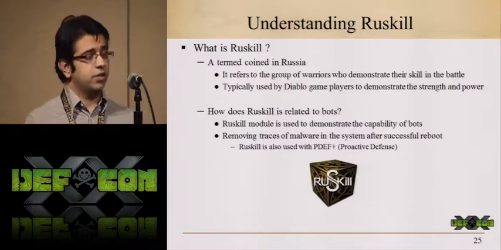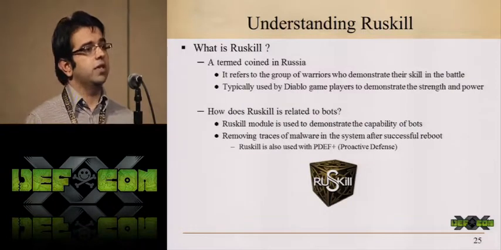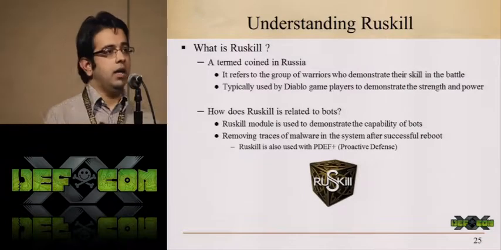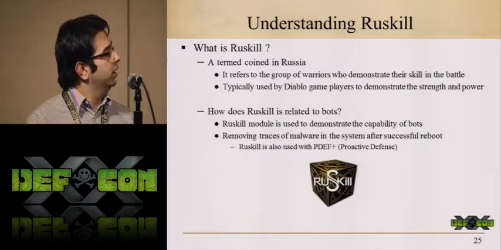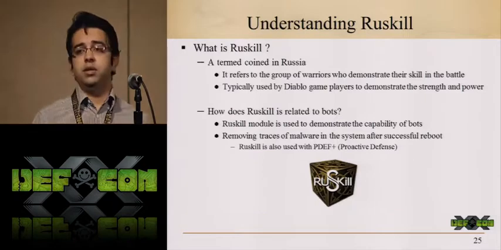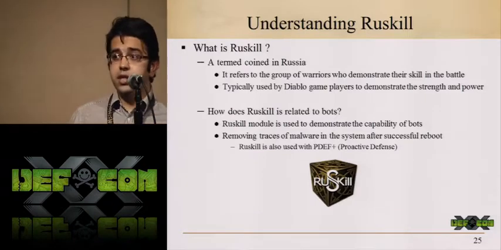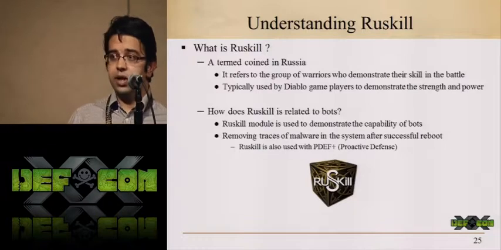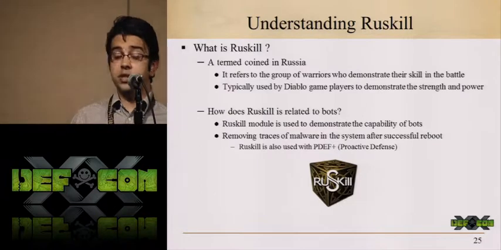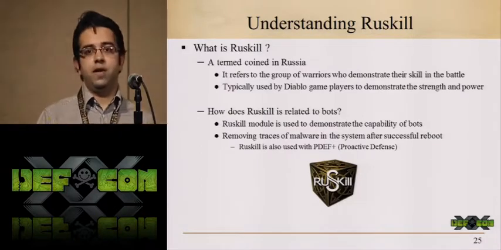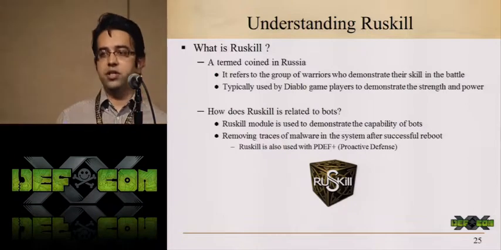So what it does is monitor wherever a new file is downloaded onto the infected machine. Like being an attacker, I give a command to the bot: download one particular file, a malicious executable file, from a third-party domain. It downloads it and it executes it. But after that, once it executes that malicious file, Rust kill removes all the fingerprints of that particular file from the system to avoid detection.